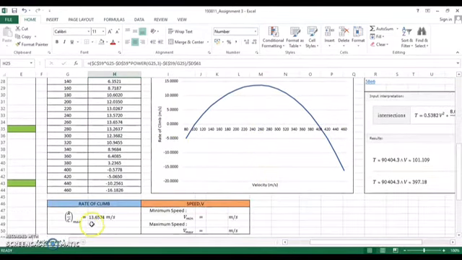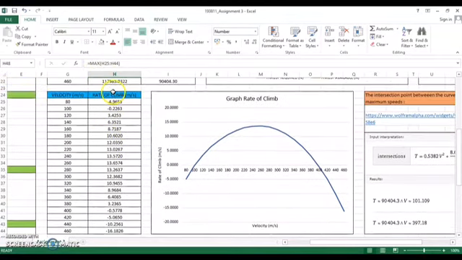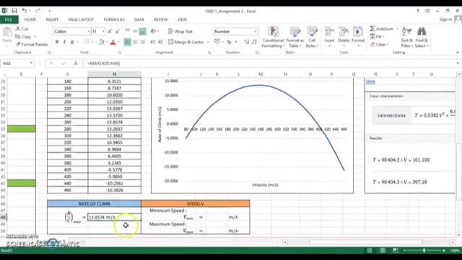To find the maximum, I take the max of the data from this part until the last one, and I will get the answer, which is 13.6574 meter per second.